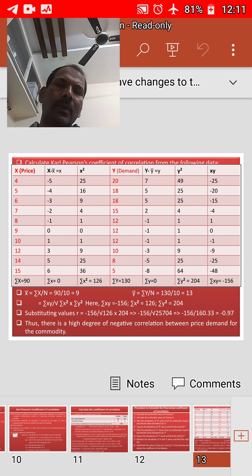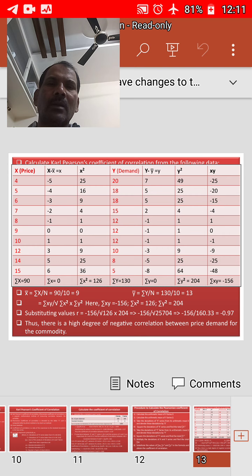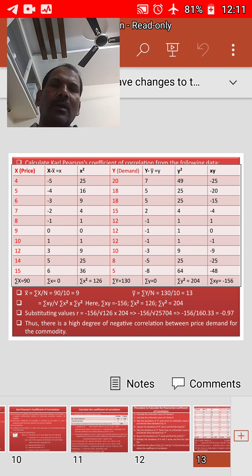Then x into y, the products of the deviations we got by subtracting from their corresponding arithmetic means, multiplying the x series and y series.